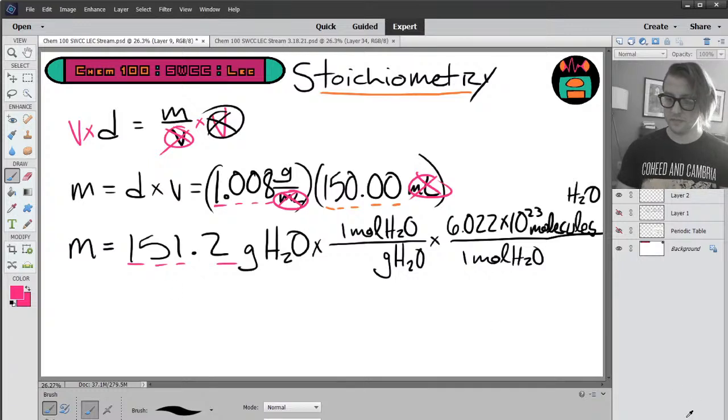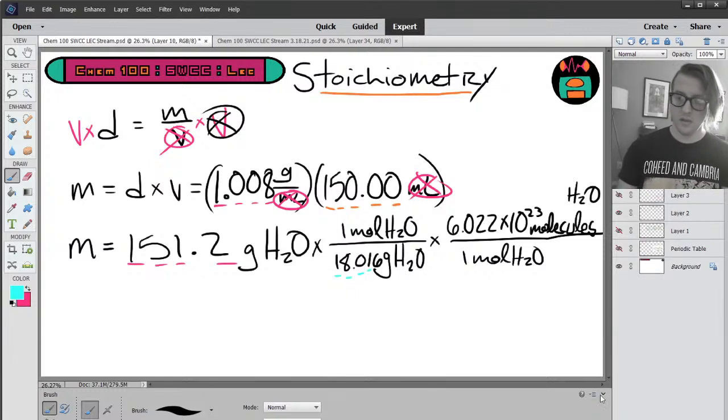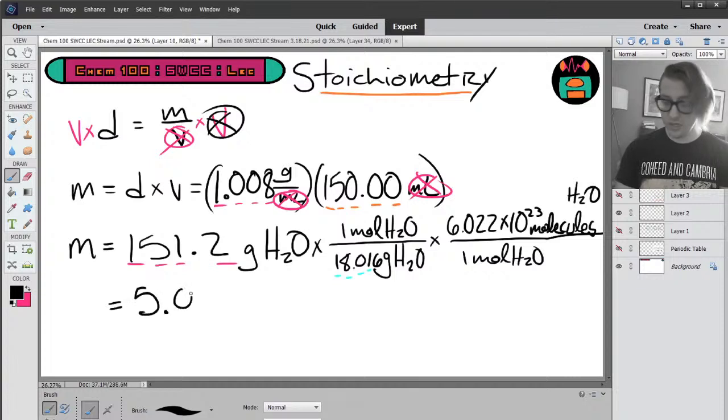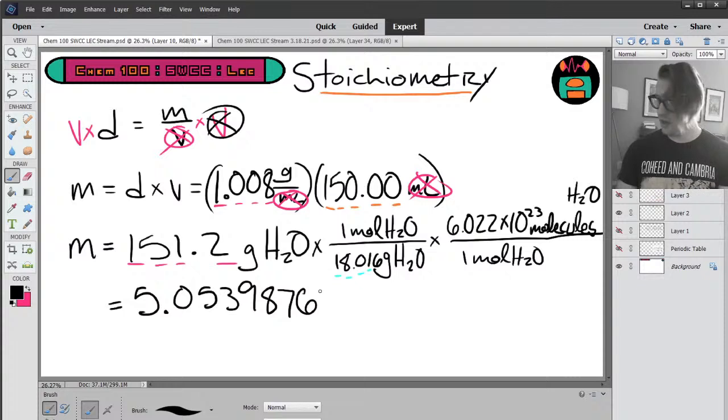Oh, wow. Hang on. 18.016. This has 4 sig figs. Okay. So, my number is 5.053987... almost, it's a 6 if we round it.